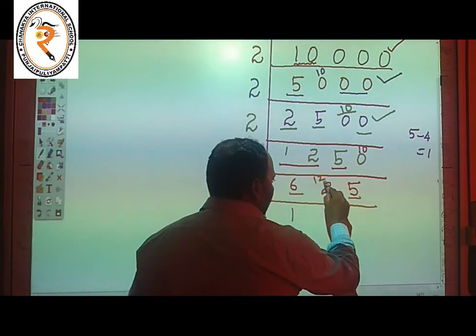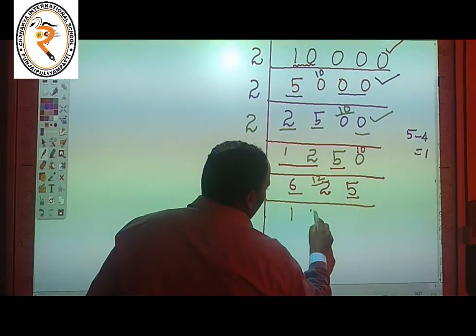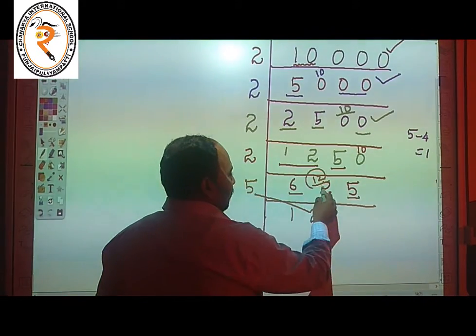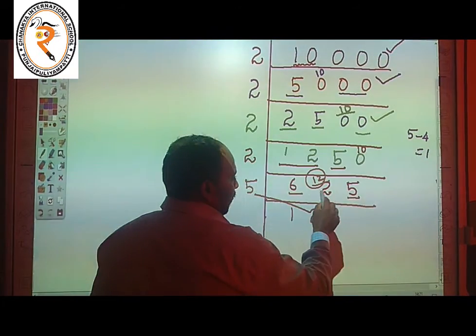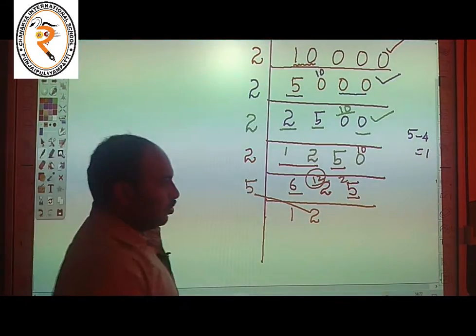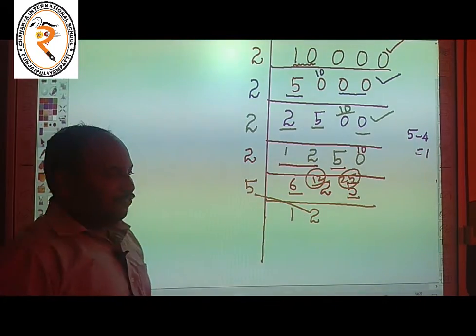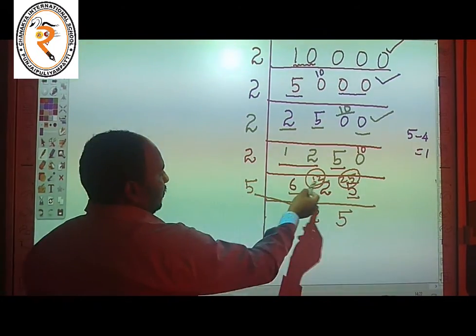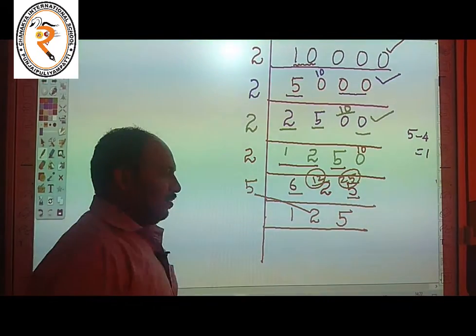Here 2 is there, so 12. 2 fives are 10. 12 minus 10 is equal to 2. Here 5 is there, so 25. We already know that 5 fives are 25.